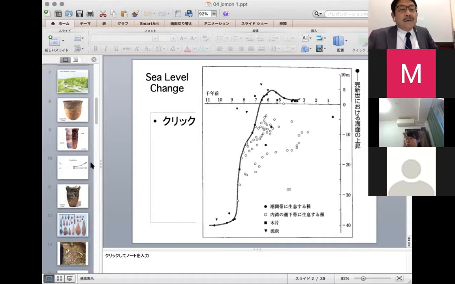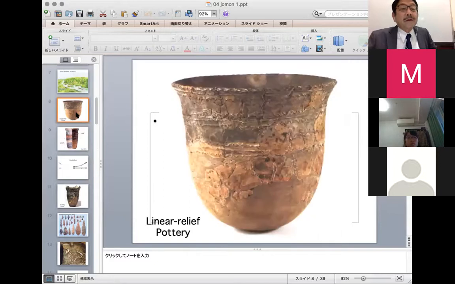So maybe not very often, but some groups came down into the Japanese archipelago from the continent, I'm pretty sure, because we see something like pottery. It's not invented in Japan. We have one of the earliest pottery in the world ever found in Japan.